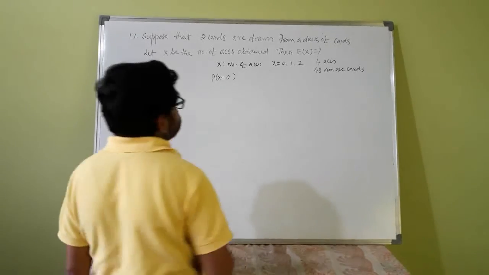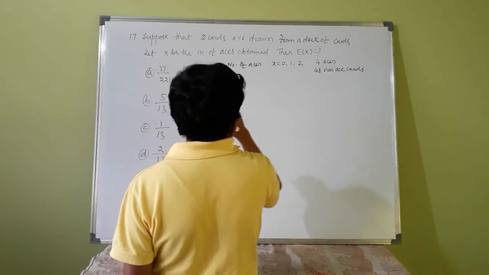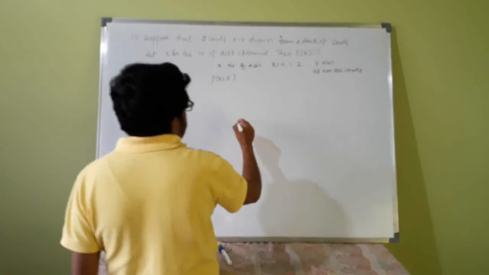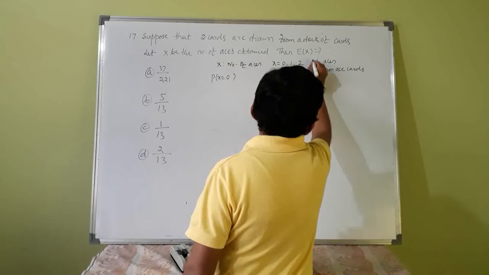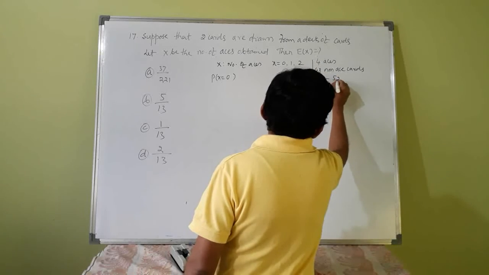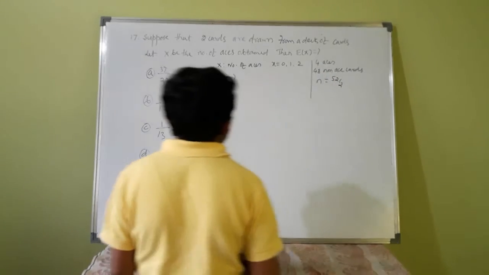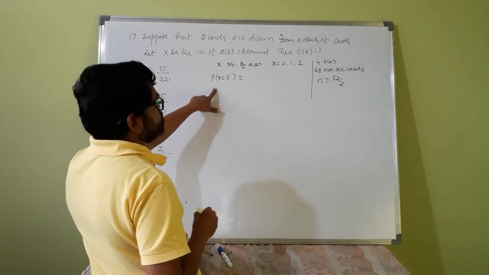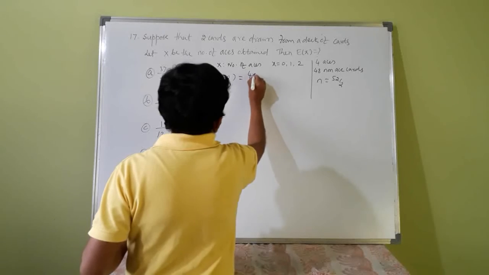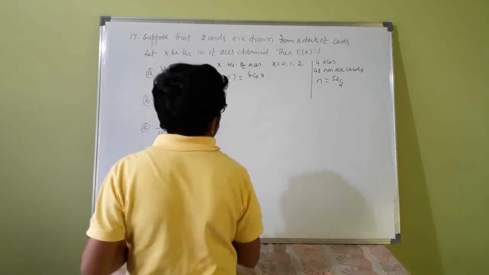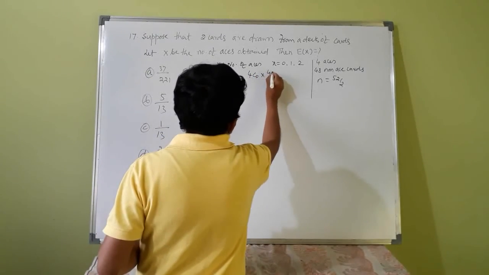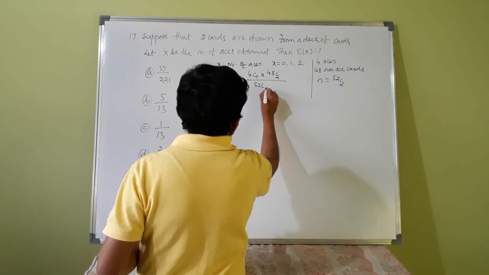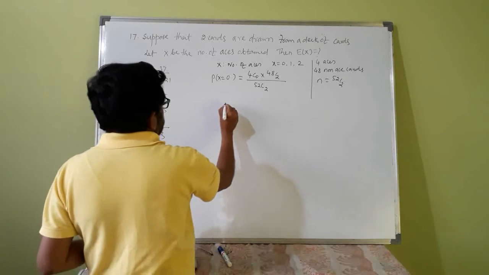Number of aces is 0 means, what is n here? N is equal to 52C2. Okay. No ace cards means 4C0 multiplied by 48C2 divided by 52C2. What is this?